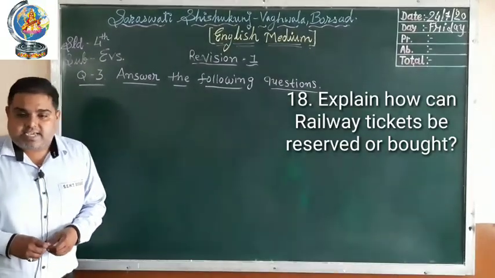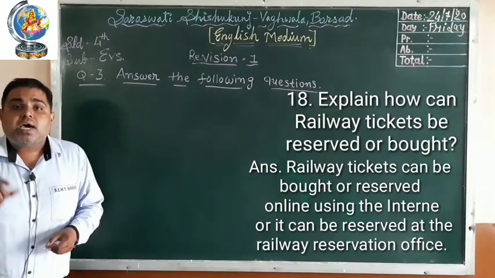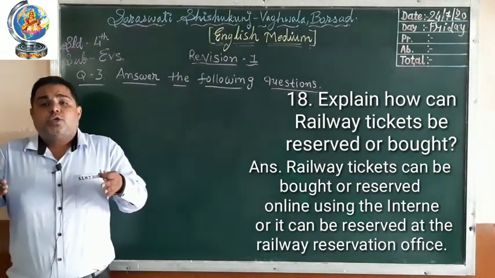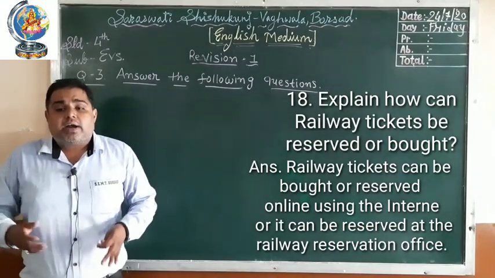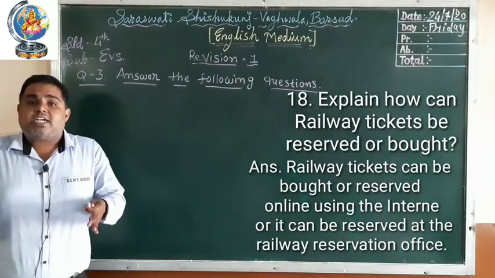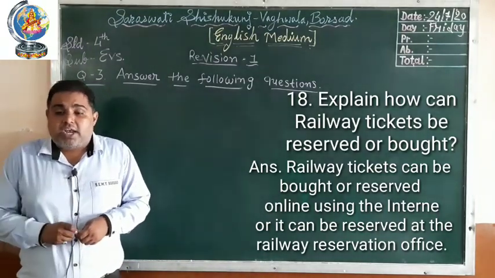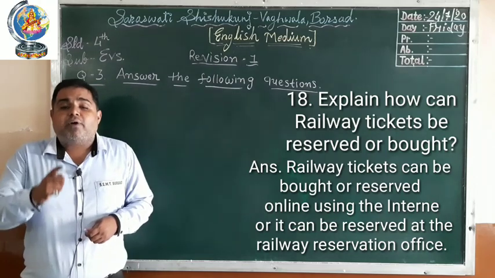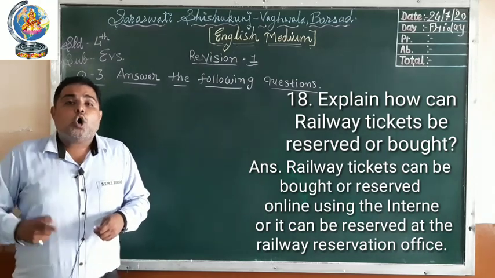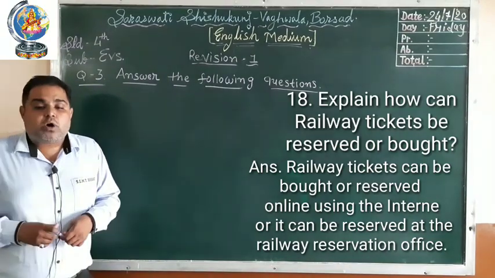So your answer is, railway tickets can be bought or reserved online using the internet, or they can be reserved at the railway reservation office. So students, how can you buy or reserve your railway ticket?